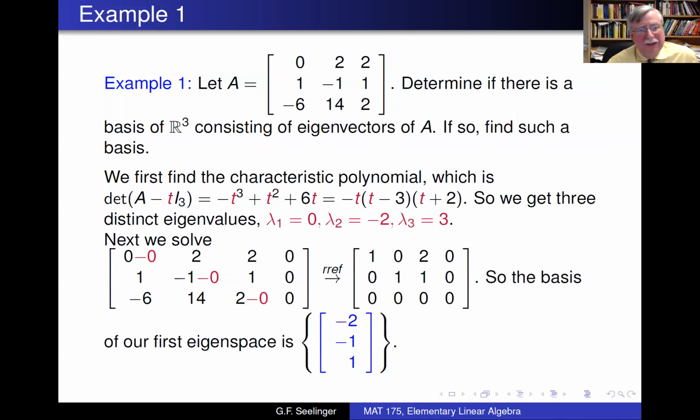We solve the homogeneous system. Again, we introduce x3 as a parameter t, and I get a negative t when I move it over here, and a negative 2t, so I get this vector (-2, -1, 1) as the basis of our eigenspace. And again, all multiples of this vector are the whole eigenspace, the span of that single vector.